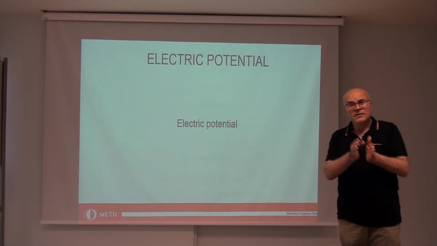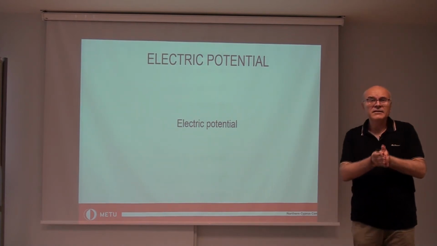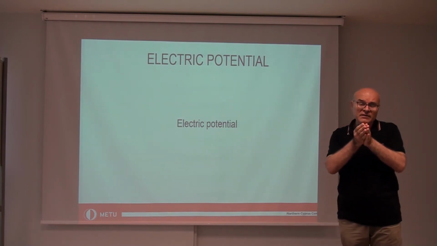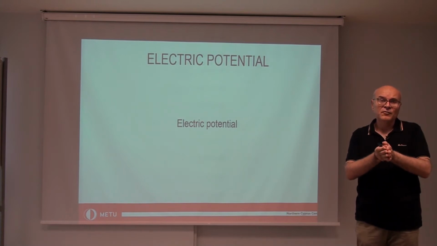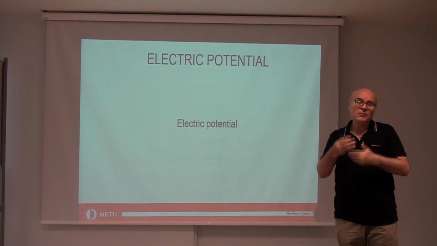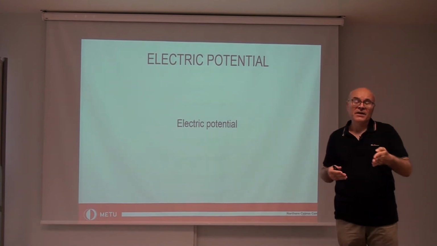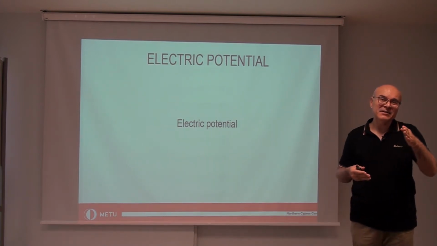Now we will define this potential energy precisely, find an expression for it, and also define something that we did not define in the case of gravity, which is the electric potential.